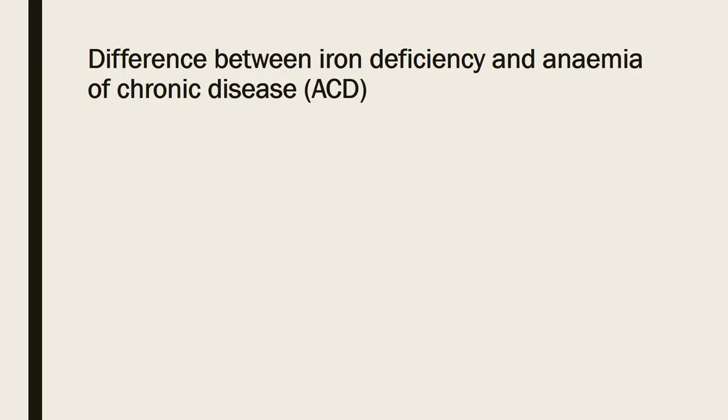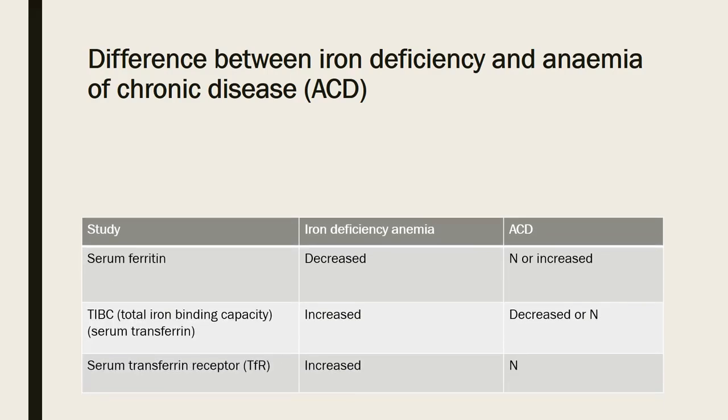How to differentiate iron deficiency anemia from the anemia of chronic disease? Anemia of chronic disease is usually normocytic, but occasionally it may be microcytic. So in this table you can see serum ferritin will be decreased in iron deficiency while it will be normal or increased in ACD because ferritin is an acute phase reactant.